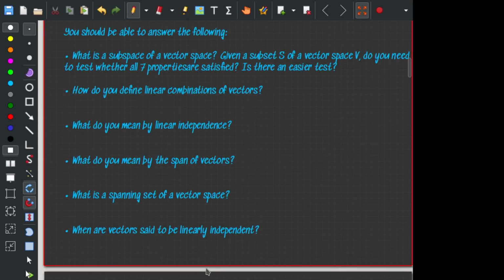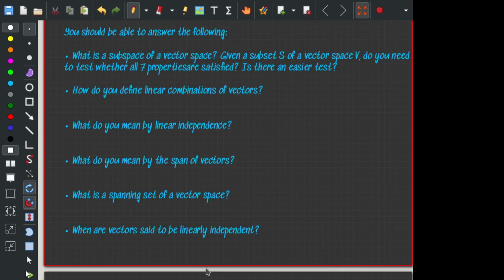And what do you mean by linearly independent vectors? A set of vectors is linearly independent if no vector in that set can be written as a linear combination of any of the other vectors.